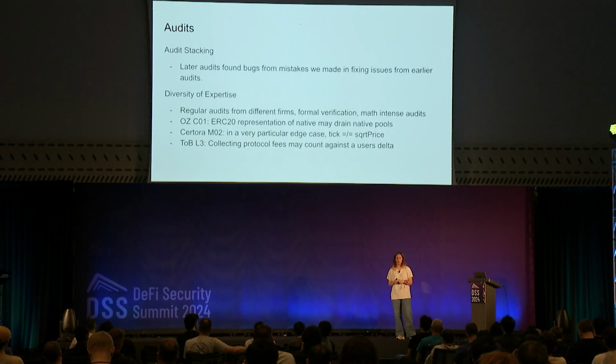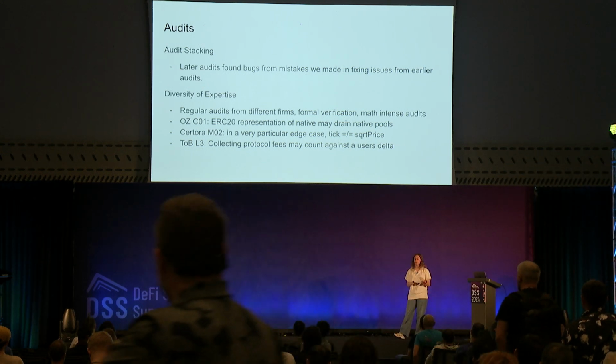And then finally, the last thing to call out is having a diversity of expertise in the audit firms that we worked with. This is just a call out that there were some really great findings unique to each firm that we worked with.